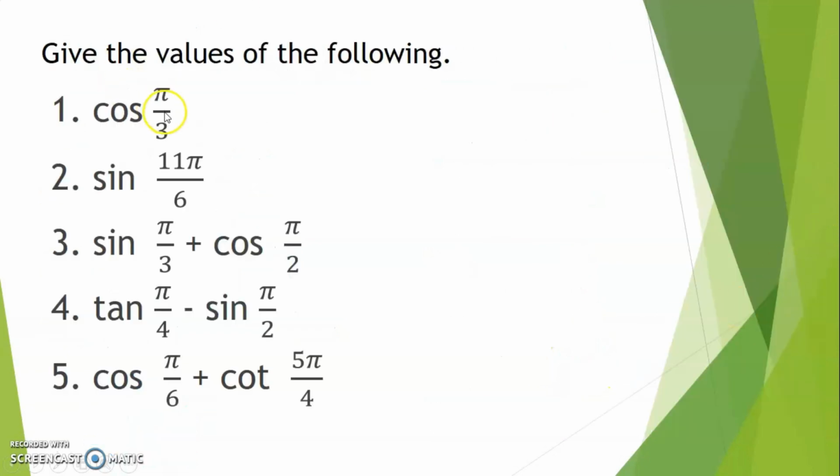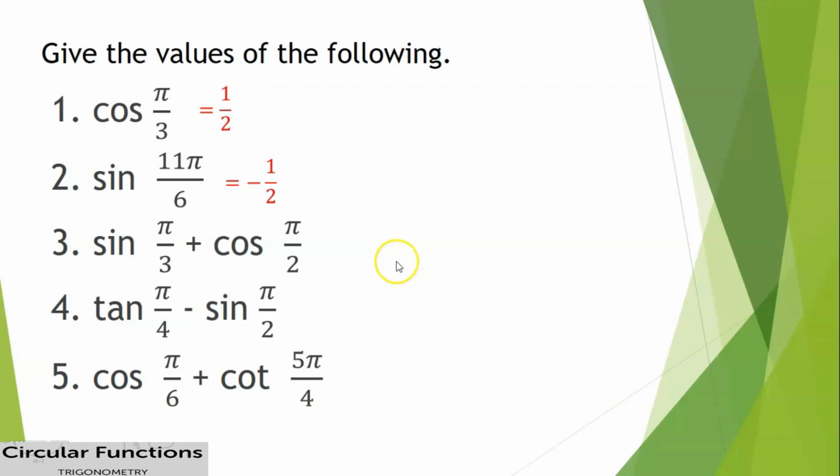Next. Now, at this point, give the values of the following. Number 1, cosine pi over 3. The result here is 1/2. Number 2, sine 11 pi over 6 is negative 1/2. Number 3, sine pi over 3 plus cosine pi over 2.